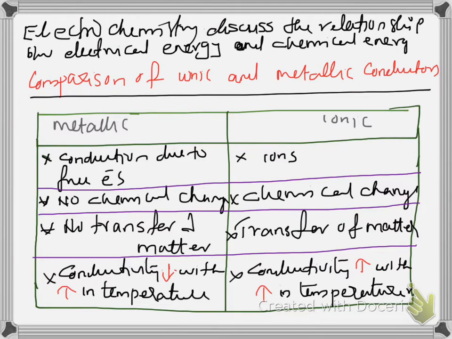First, what is electrochemistry? You have heard about electrochemistry, nuclear chemistry, polymer chemistry, and different fields of chemistry. Here, in electrochemistry, we are discussing the interrelationship between electrical energy and chemical energy.